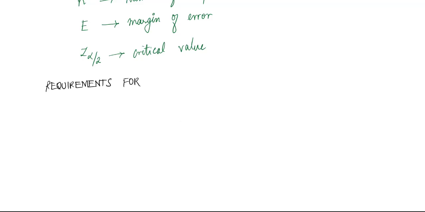For confidence interval, for estimating population proportion P. Okay, please understand that we will have another setup for population mean. So this is for population proportion. So I keep mentioning that in all these places.